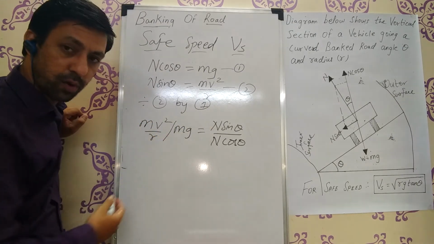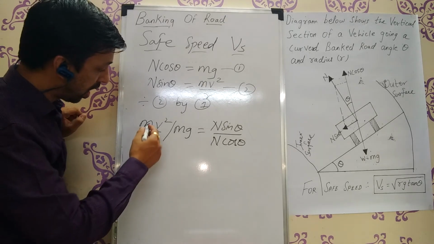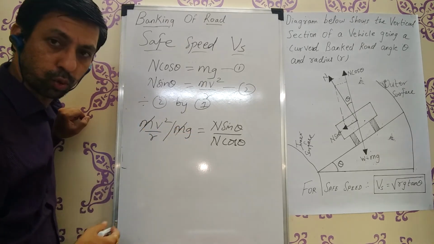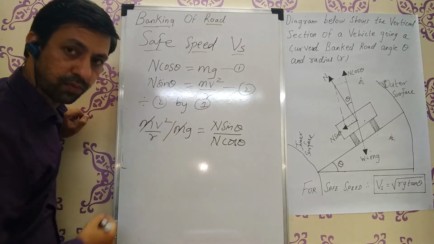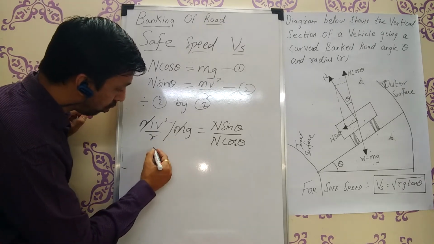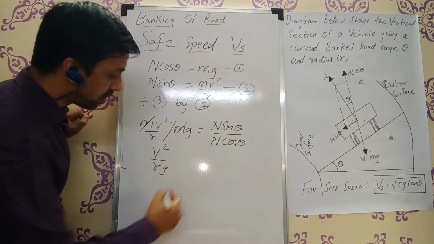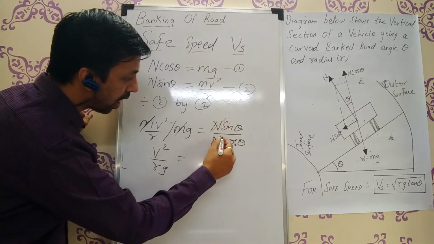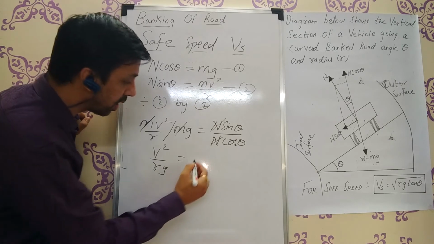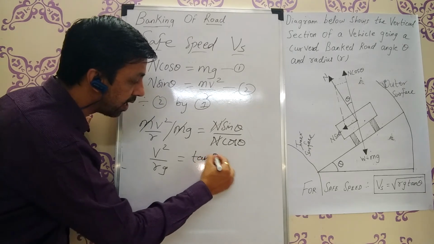After dividing equation 2 by 1, I will cancel the mass from both sides. On the left side, I am going to get v square upon rg, and on the right side, sin theta upon cos theta, which is nothing but tan theta.